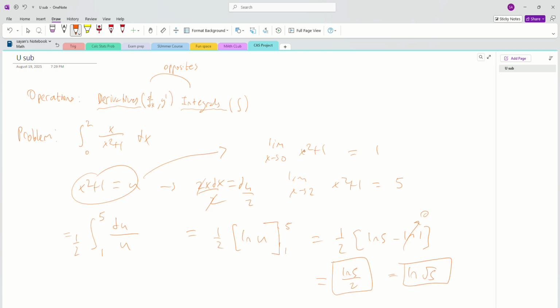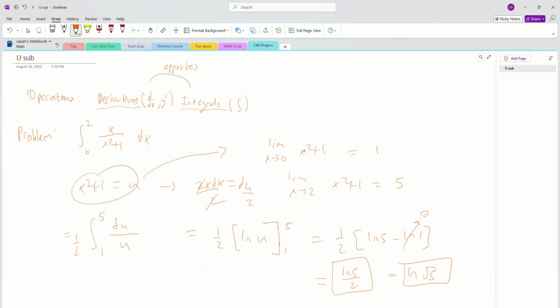Now you might have noticed our final answer did not include a plus c. That is because in a definite integral, you don't need plus c, because I told you, it's the actual area underneath the graph, right? It's not the antiderivative, which is what we've been doing before.